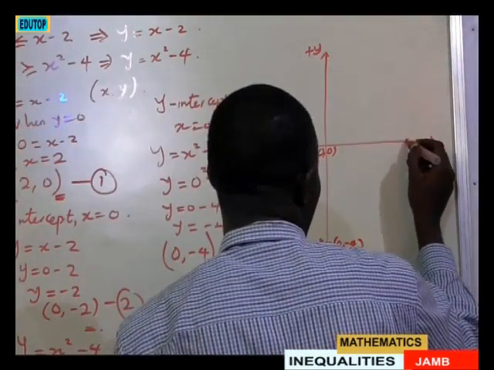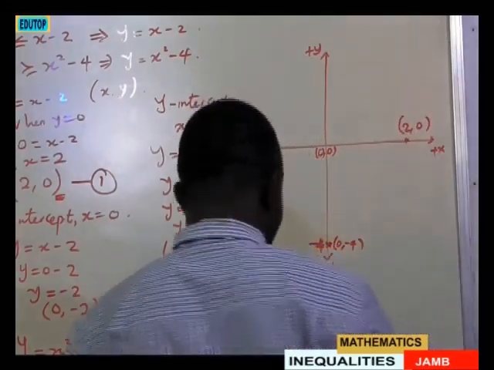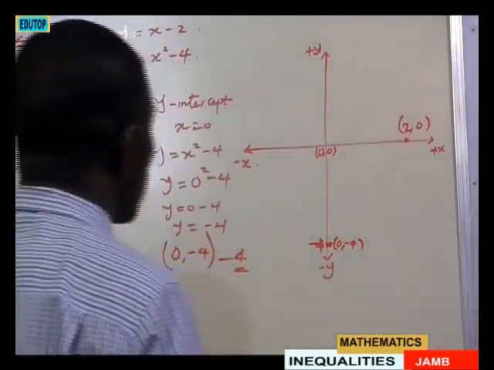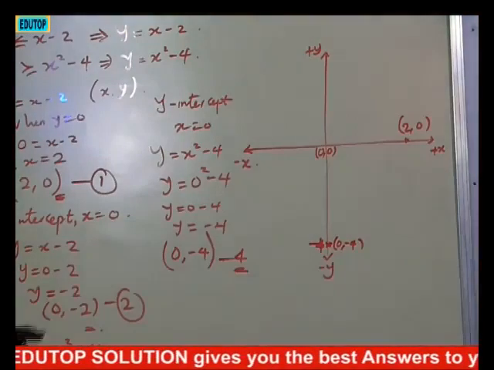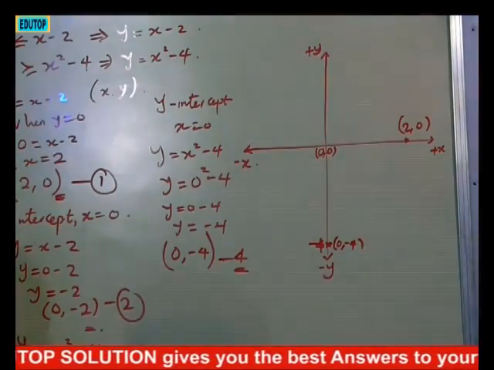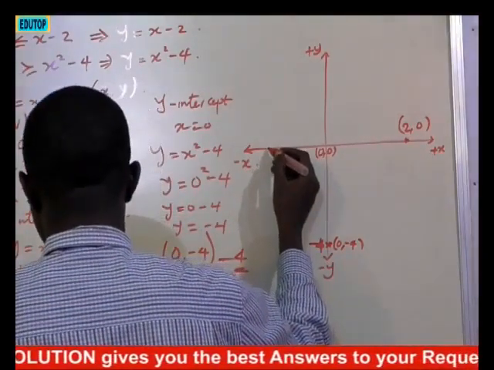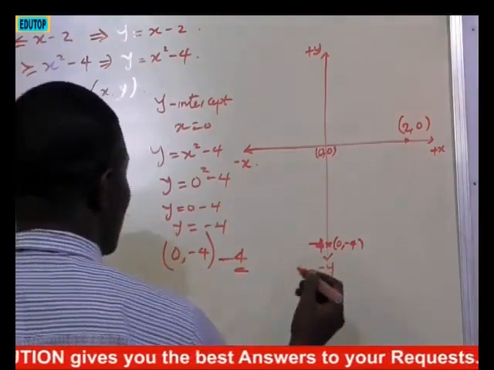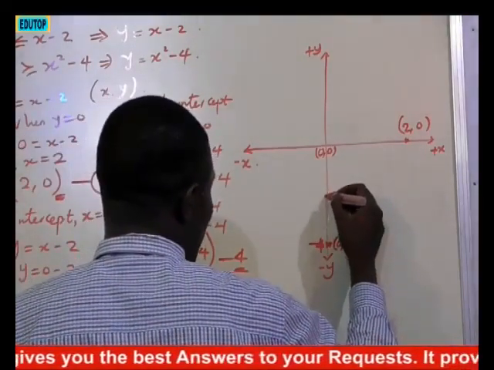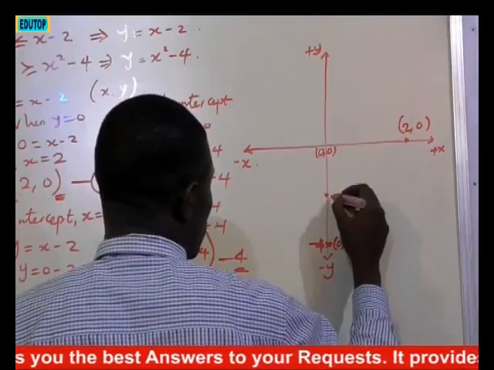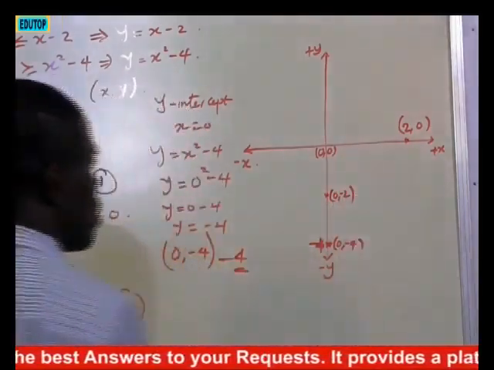Automatically it will be somewhere here. 2, 0. Then we also have when x is 0, y is minus 2. There will be somewhere here, 0, minus 2.